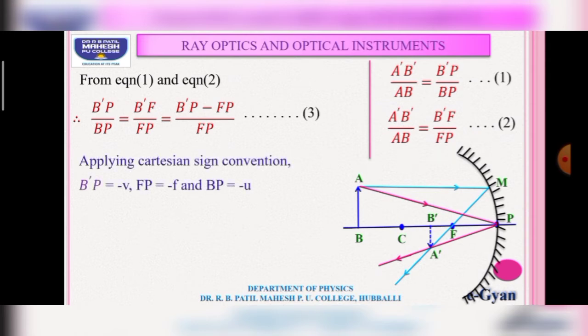Now apply Cartesian sign conventions. Since the object is at point B, the image is formed at point B dash, and the focus, all these points lie towards the left side of the mirror, and the direction of light is towards the right side, towards the mirror.